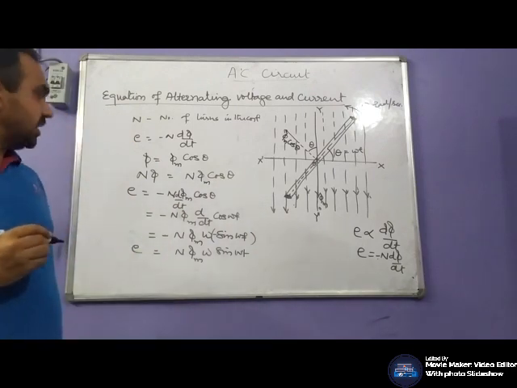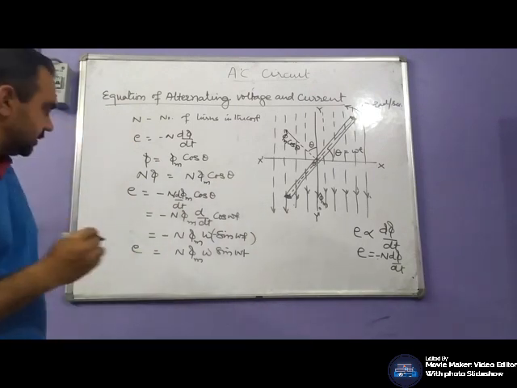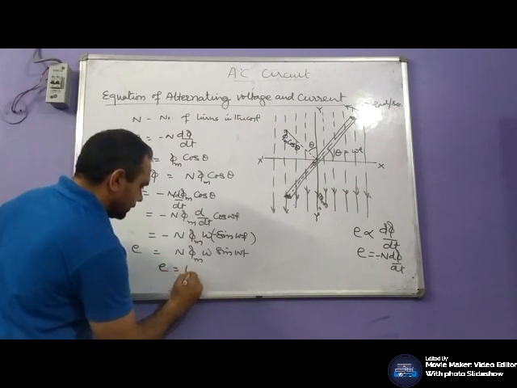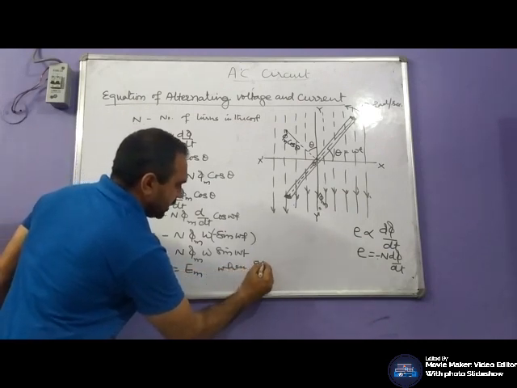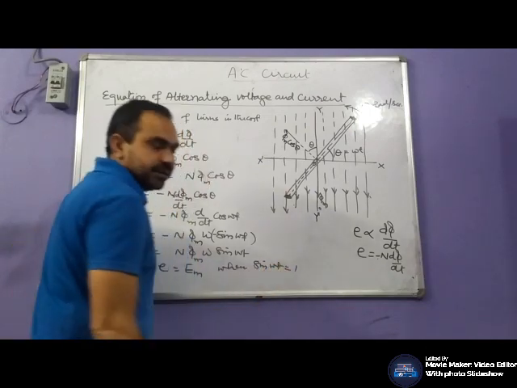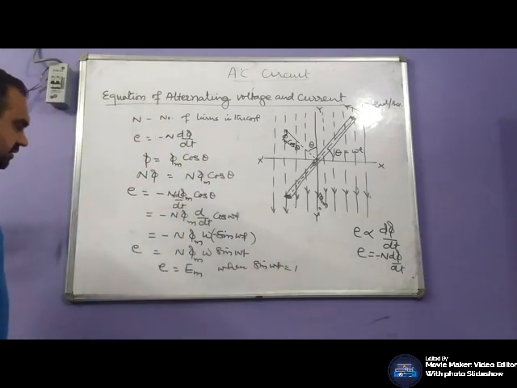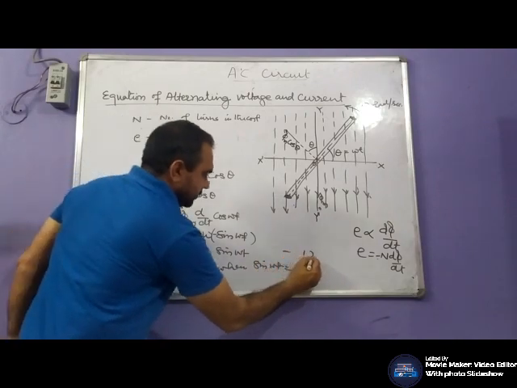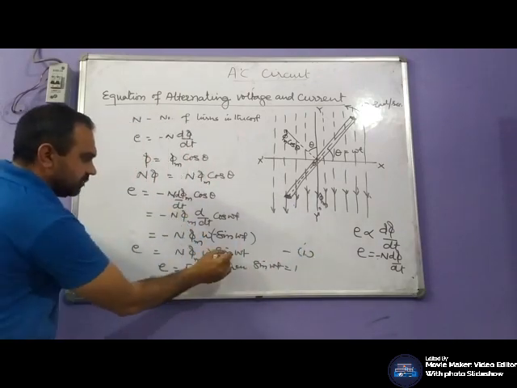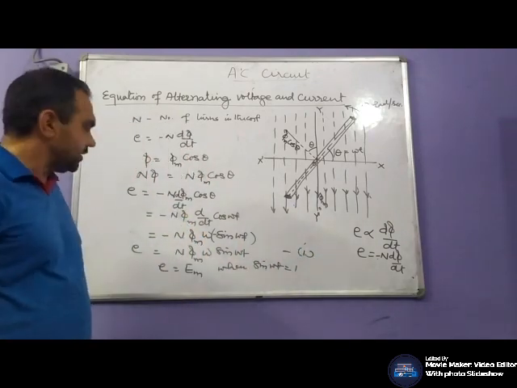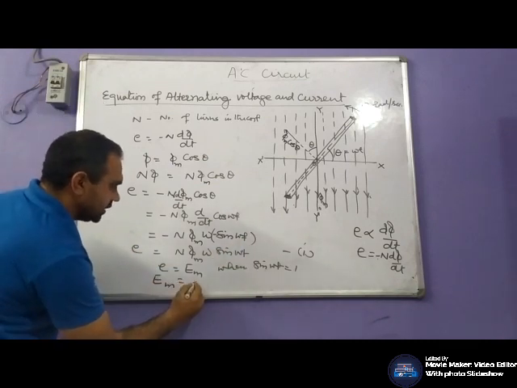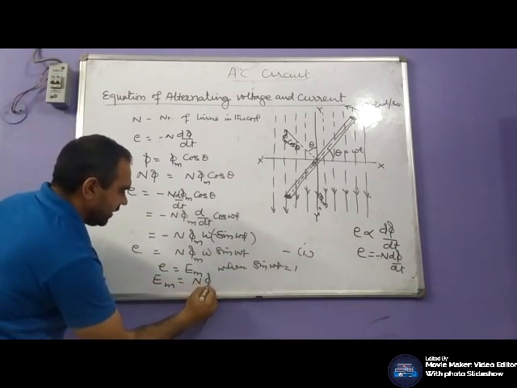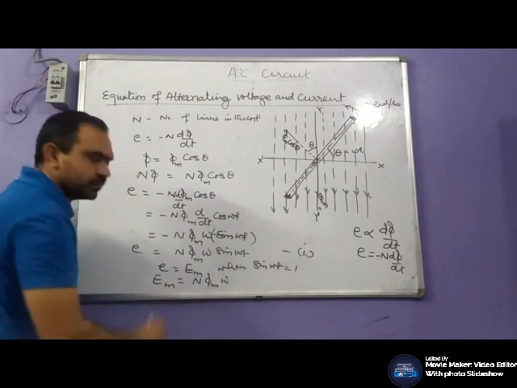This E will be E maximum when sin of omega t is 1. Let me call this equation number 1. When we put the value of sin of omega t as 1, what happens? Em would be n phi m omega.